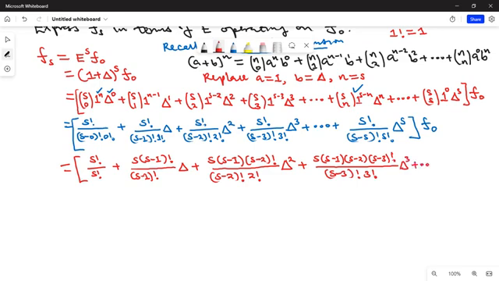There are so many other terms up to now. Here we'll have again s factorial over another s factorial delta raised to s, and there is f naught. Remember I said 0 factorial is 1, so that's why s minus s factorial would be 0 factorial, which is 1.